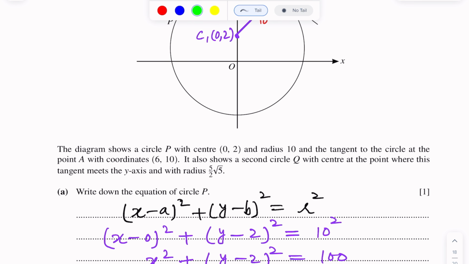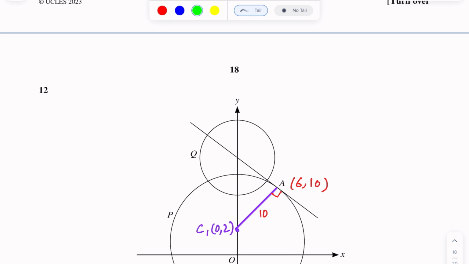So we can write that the center of the circle Q is C2 and the radius of the circle is 5 under root 5 over 2. This is the radius of circle Q, and C2 shows the center of the circle Q.